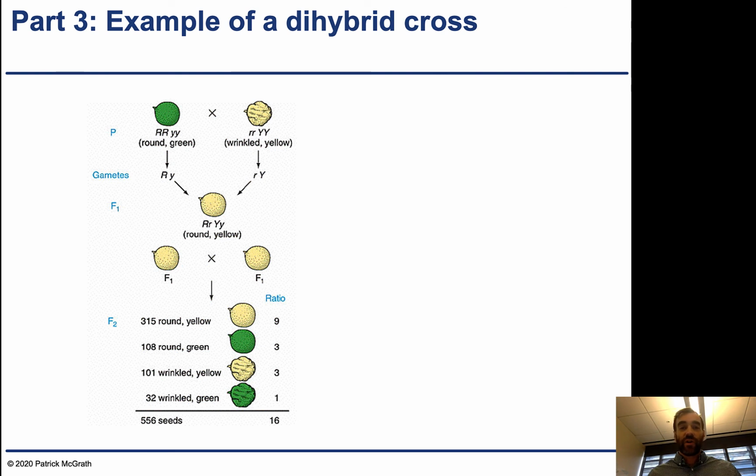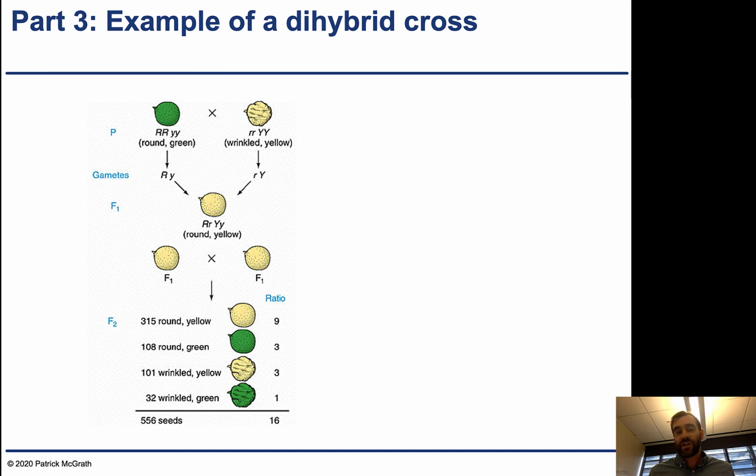If it was able to create multiple different types of gametes, then it would be able to have multiple types of offspring. So now we cross these two individuals together, and we create a heterozygote individual that is big R, big Y. And so this individual has a phenotype that is different from either of the parents. So it shares the yellow color with its second parent, and it shares the round shape with the first parent.